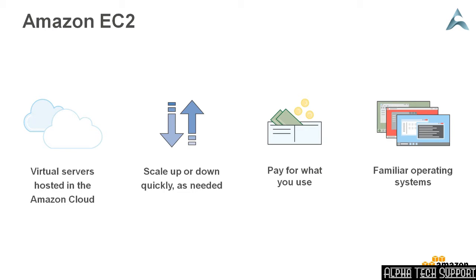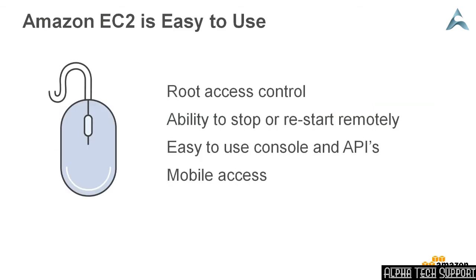And it has computational capability, so we can perform all computational tasks. It is familiar with existing operating systems, Linux, Mac, or Windows, and you pay for what you use. We don't need to pay for hosting our application as we have to with traditional hosting solutions.